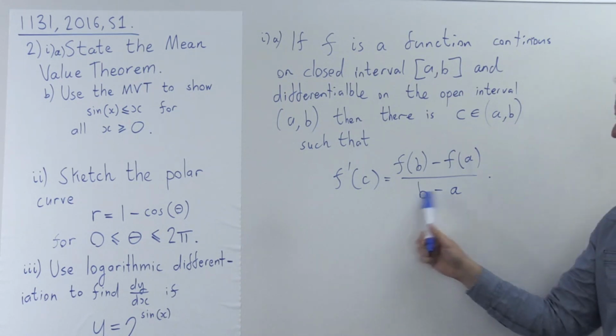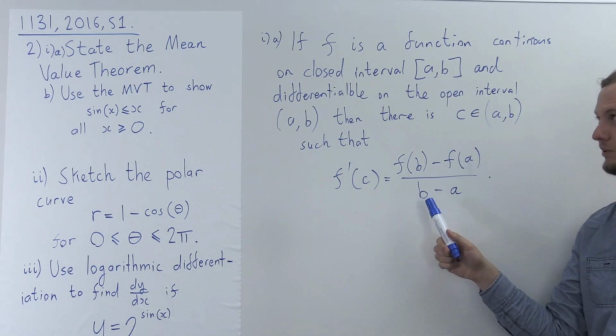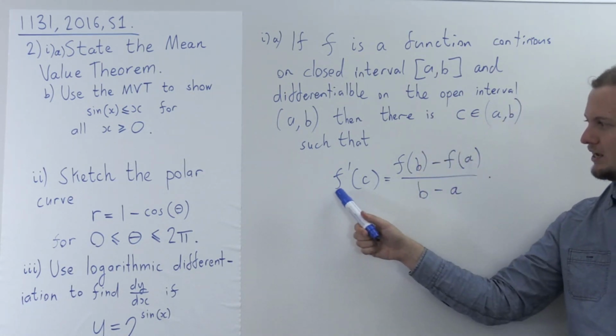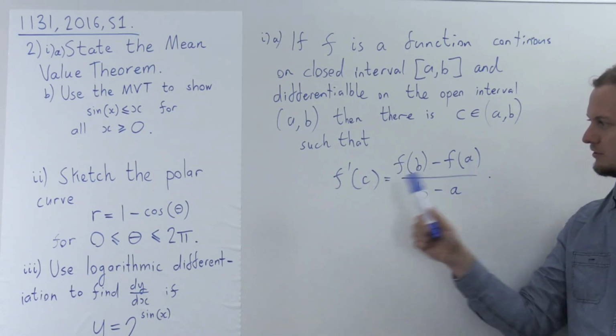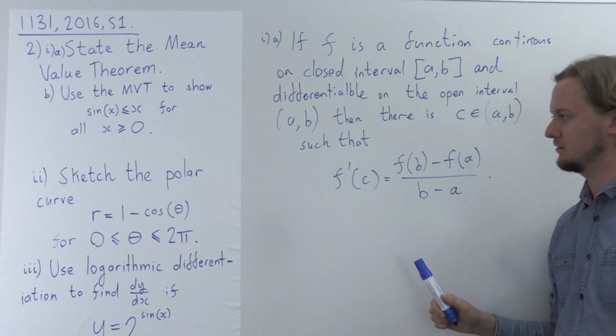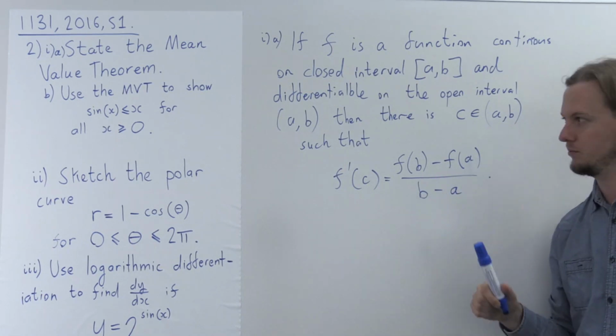So this is what you might think of as the mean slope. That's where the mean sort of comes from. And this is the slope at a particular point. So there's guaranteed to be a point in that interval which has this mean slope.